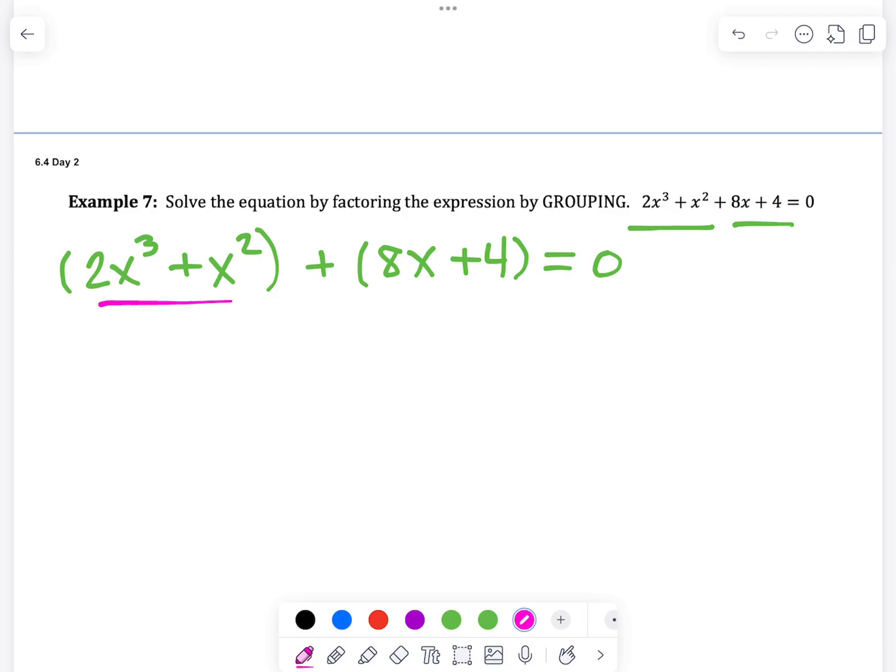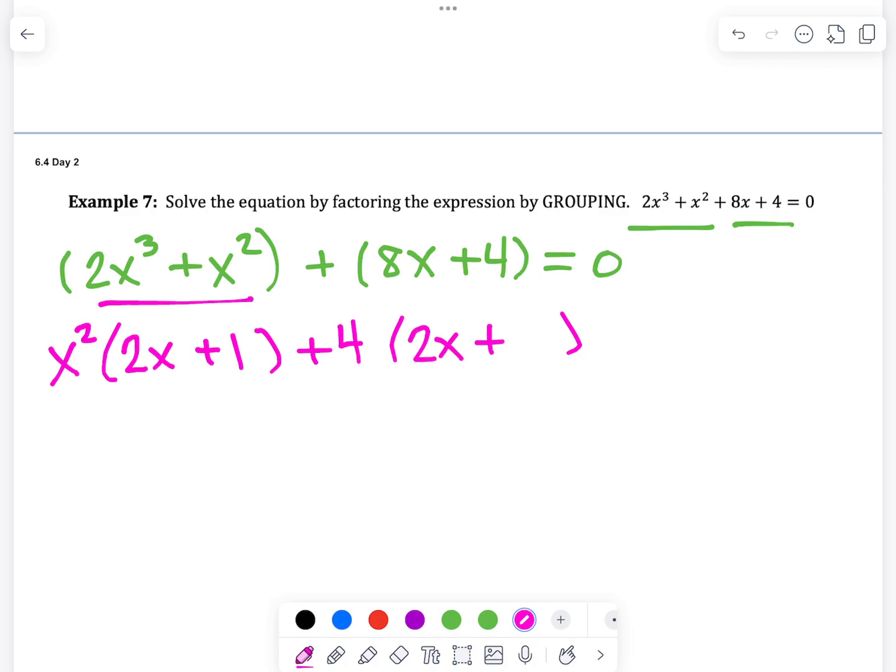So the GCF of the first group is x squared. So you're factoring out an x squared. When you take out the x squared from the first term, you're left with 2x. When you take out an x squared from the second term, you're still left with the number 1. In the second group, the GCF is 4. So you're dividing both of the terms by 4. So you're left with 2x plus 1.